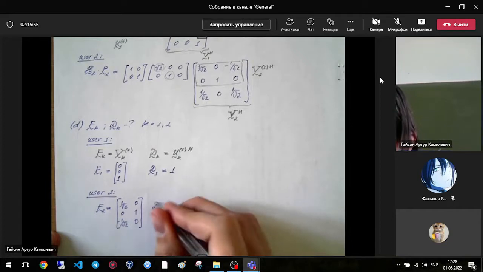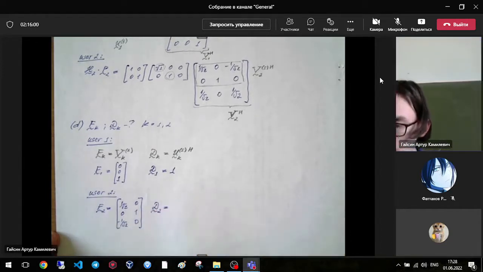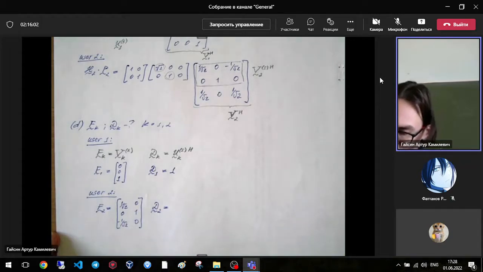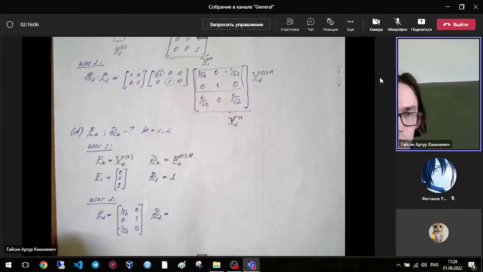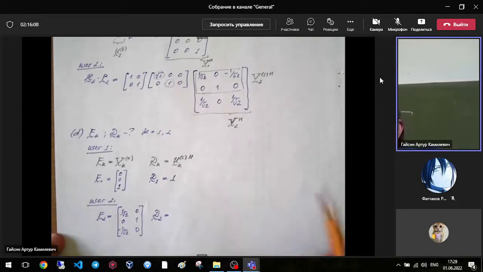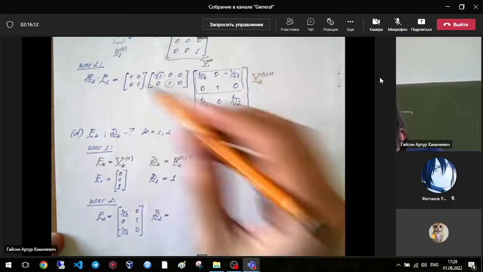And next, the decoding matrix is equal to signal space over left unitary matrix. But you can see we already have the full matrix, this one.